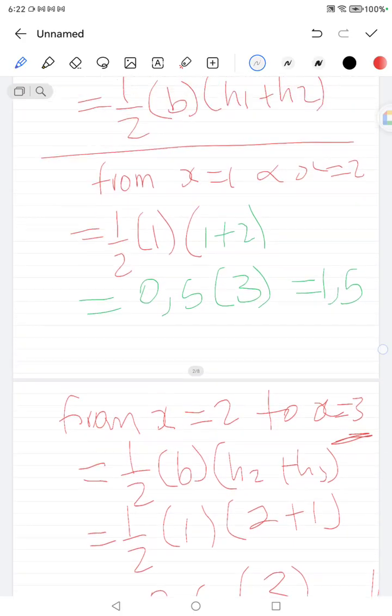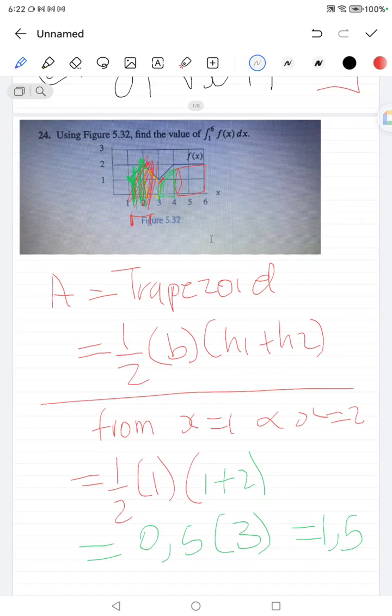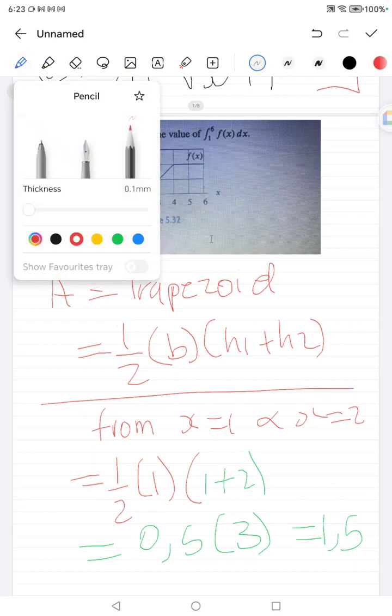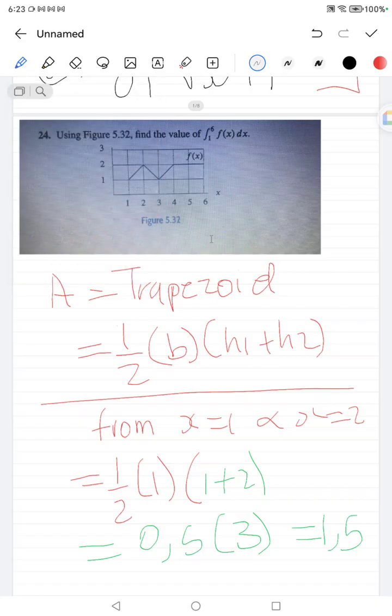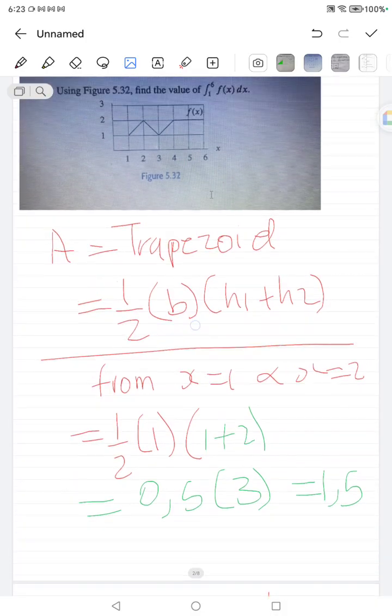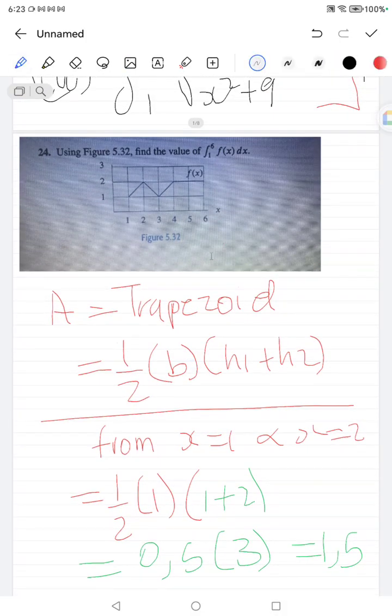From 3 to 4, we check the height. What is the height? It's 1 and 2.